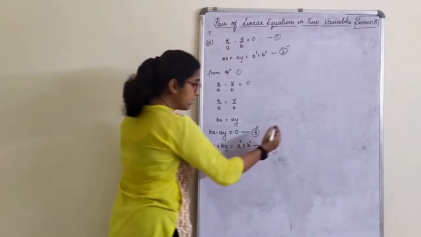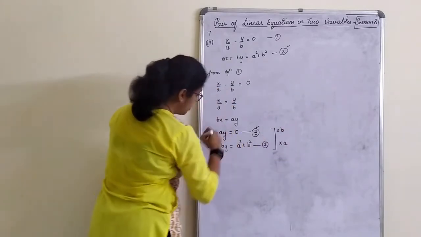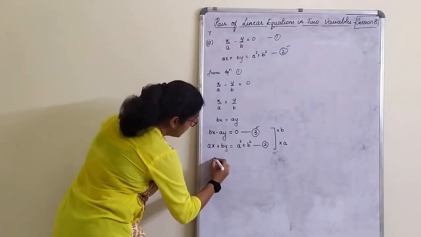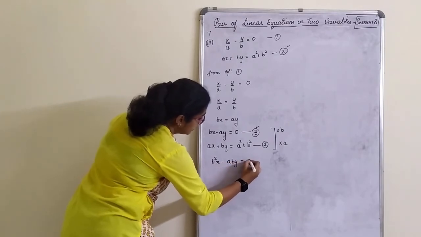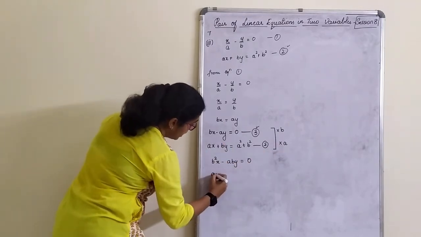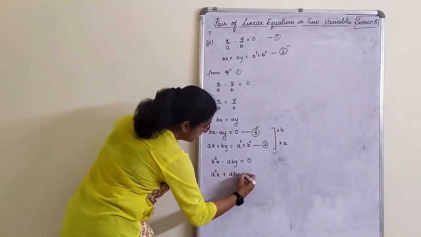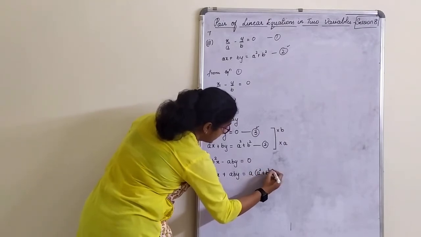So here I can multiply this by b and multiply this by a. So do the multiplication. b into b, it is b square x minus aby is equal to 0. a square x plus aby is equal to a of a square plus b square.